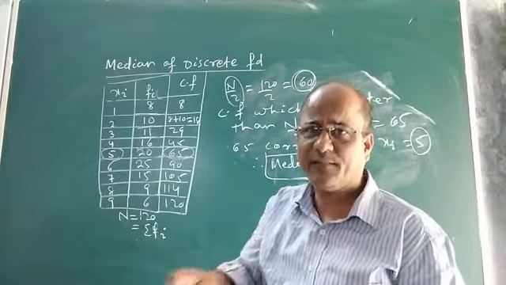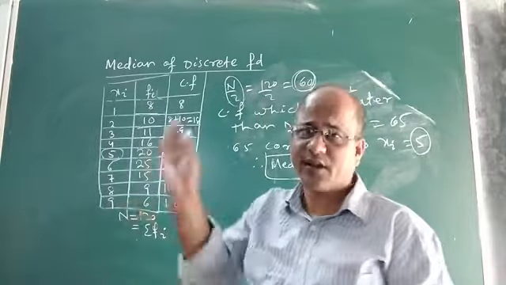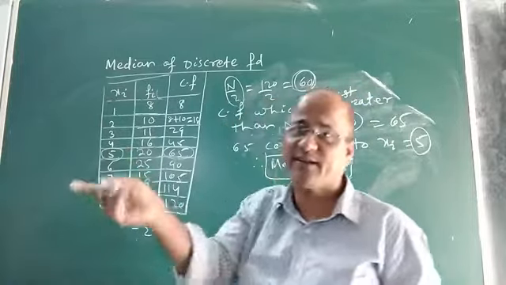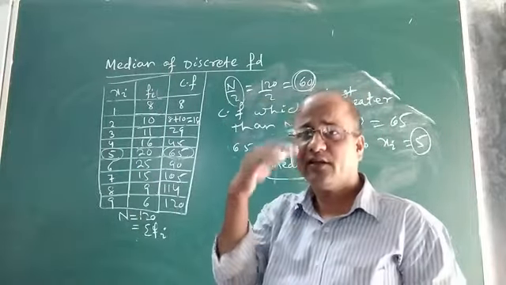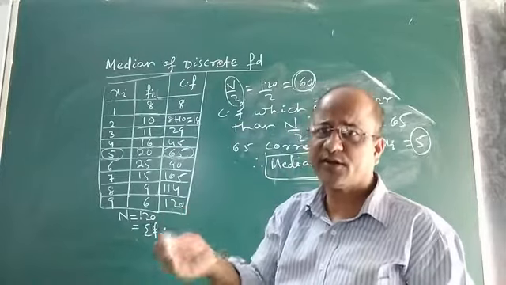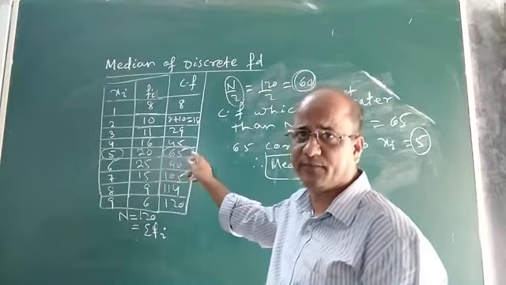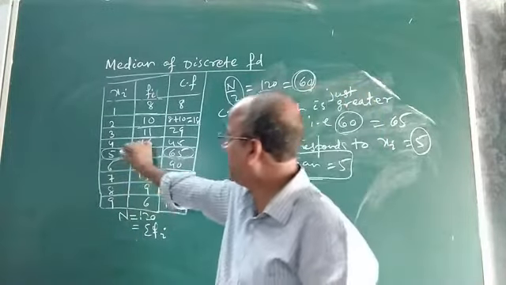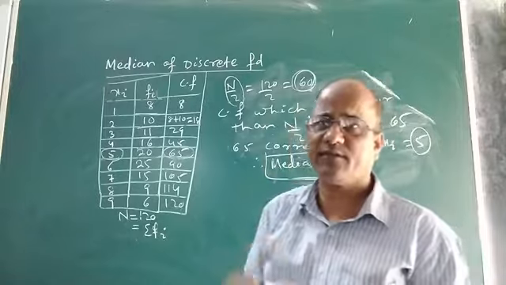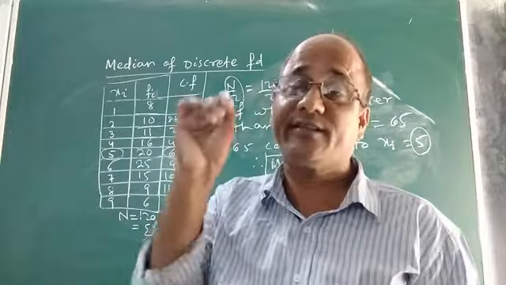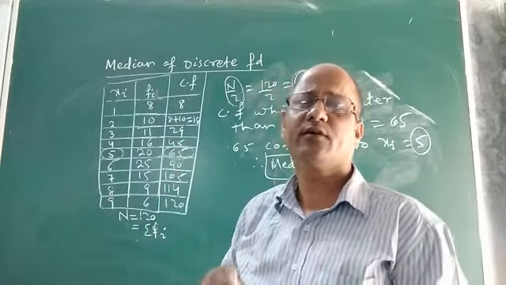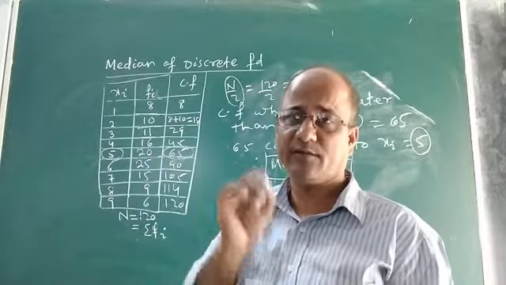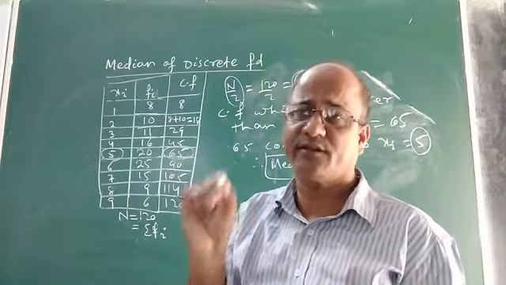To which xi or observation does this value correspond? That corresponding value will be the required median of the given discrete frequency distribution.